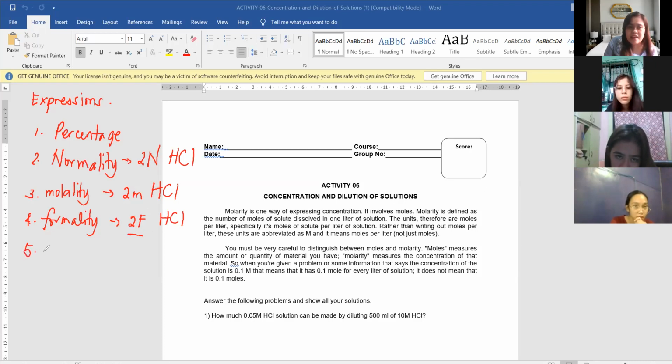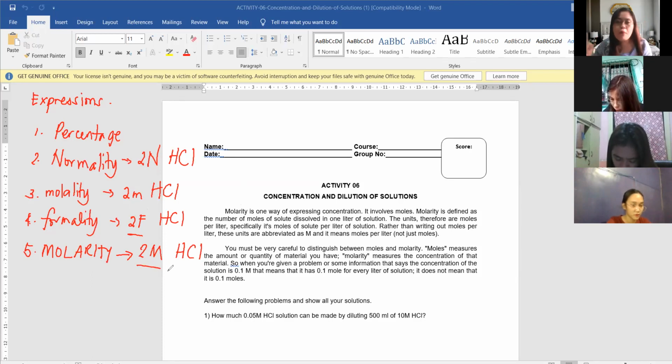But in this case, in this activity, we will concentrate only kay molarity. And for molarity, we use the capital letter M. Again, this is capital letter M. So pag nakalagay dyan 2M HCl, ang kanyang concentration ay 2 molar.